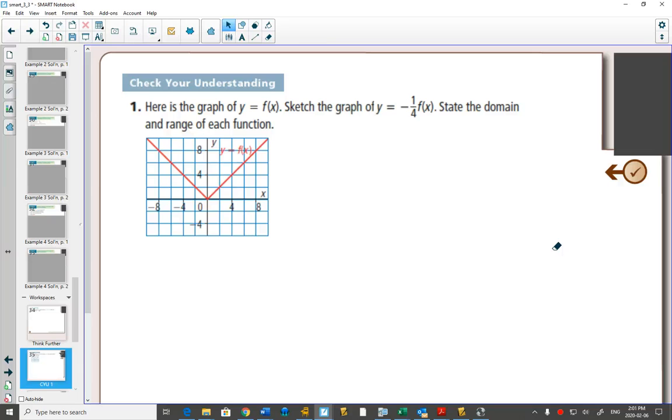So when looking at this equation, the first thing I notice is that that -1/4 is outside of the function. So I might write a note here that I'm going to multiply my y values by -1/4. If I had to describe this, this would be a vertical reflection and a vertical compression.